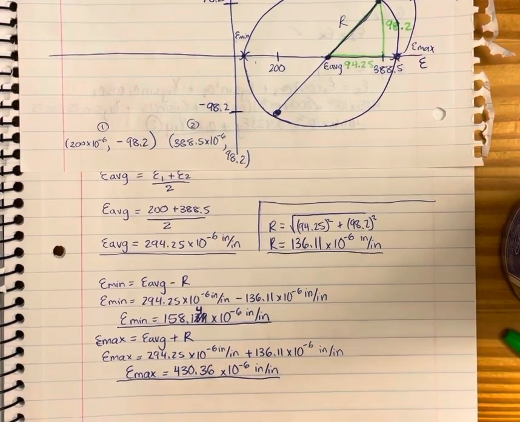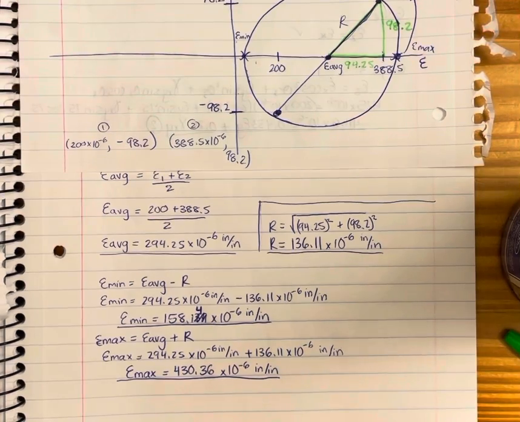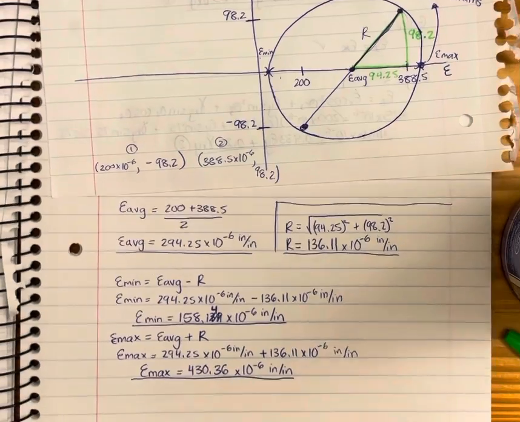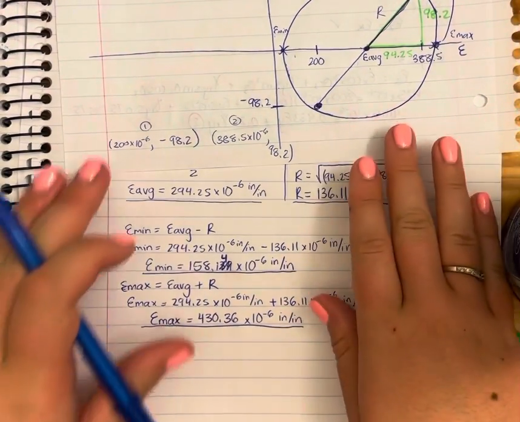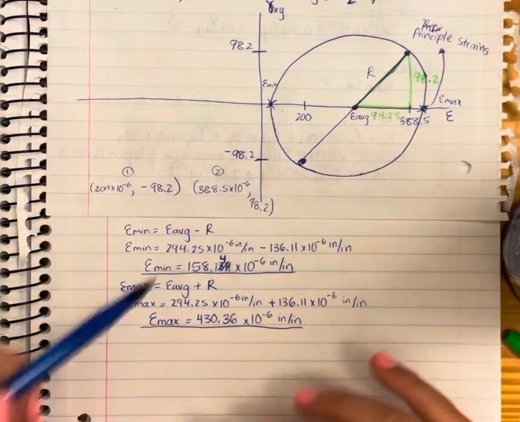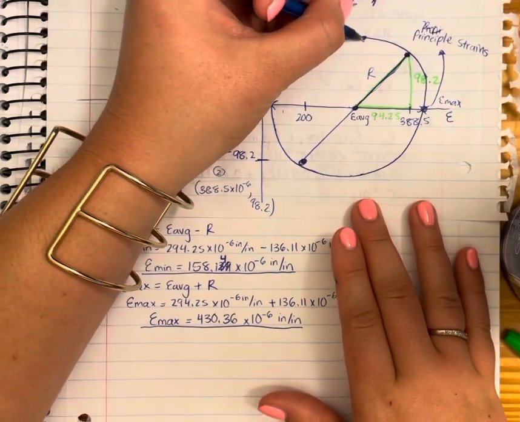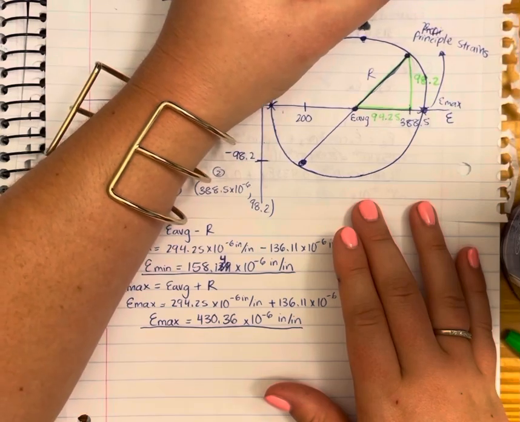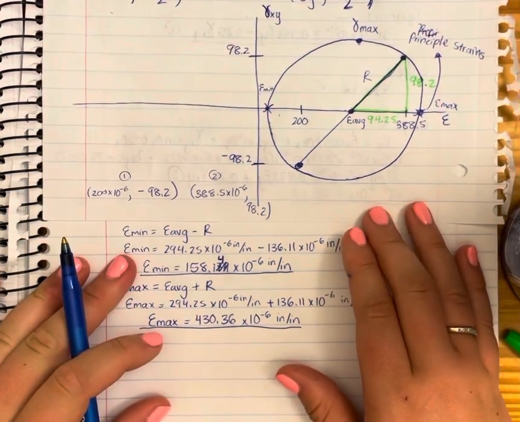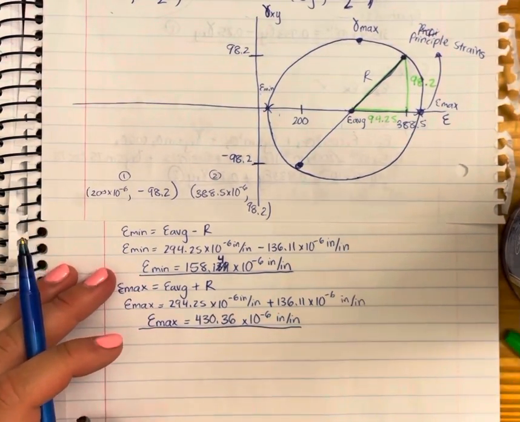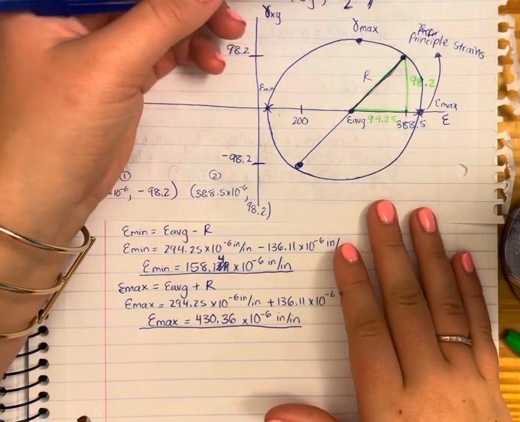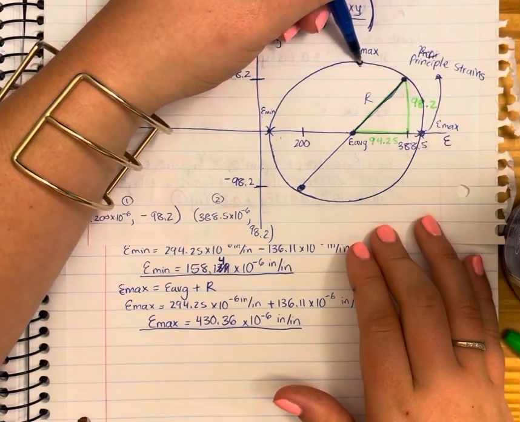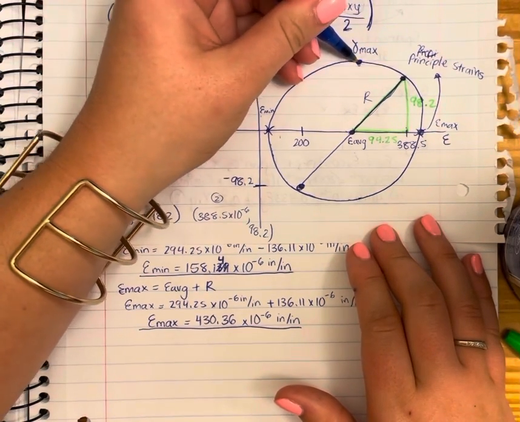Now that we have the minimum and maximum strains, we need to find the shear strain maximum. The shear strain maximum is going to be the tallest point on the circumference of the circle.